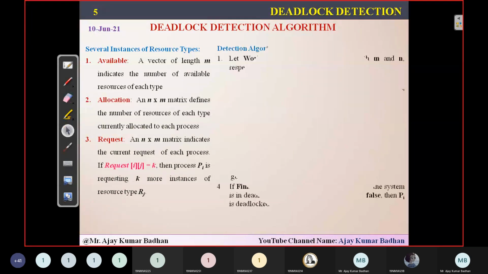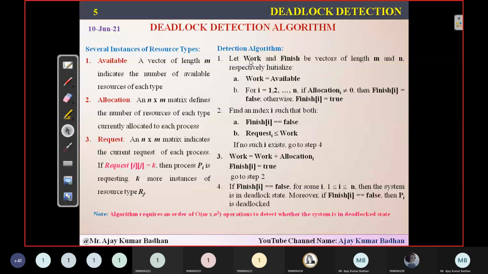Let's head directly towards the algorithm. This is the algorithm we use to determine whether a deadlock is present in the system, meaning where exactly the deadlock is present. It is similar to the safety algorithm we discussed in deadlock avoidance. The same thing is applied here, but with one difference.